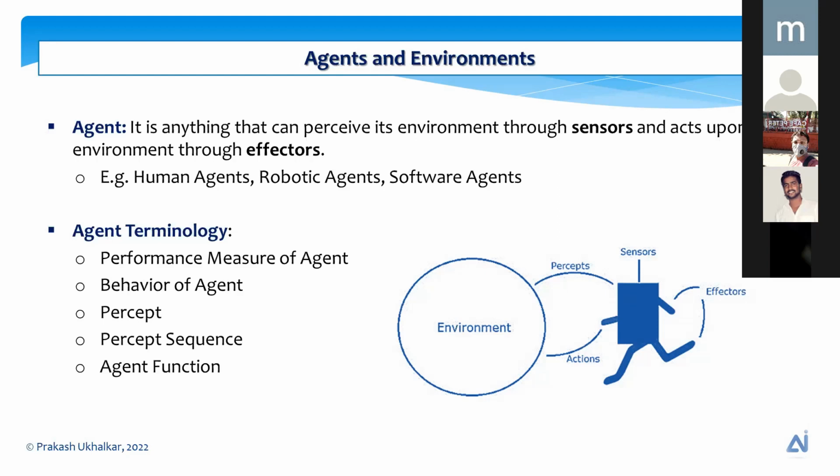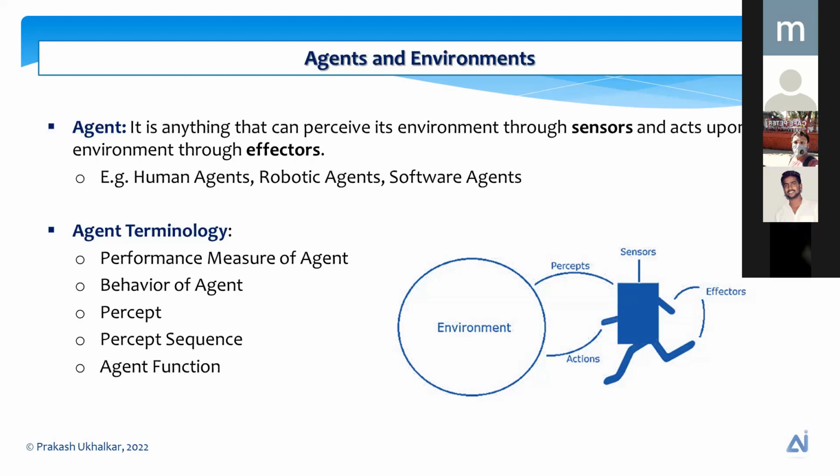Now, an agent is anything that can perceive its environment through sensors. As you can look at the picture, that agent looks like a robot, but you may also imagine and think of it as a computer program, or maybe we have added that computer program in a machine, and that machine has sensors and effectors, right, and with the help of those sensors it is perceiving its environment, and if it is required to perform certain actions, then by using its effectors it performs actions in that environment, right?